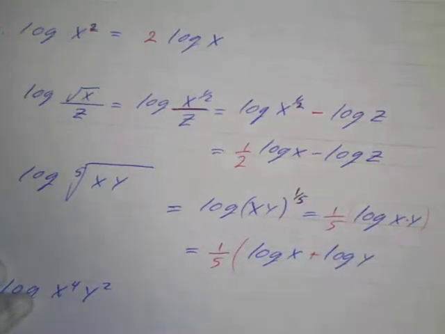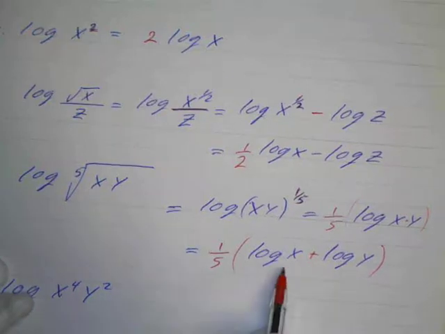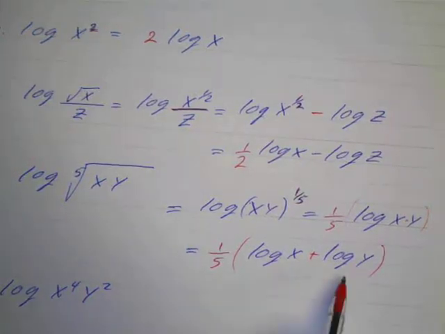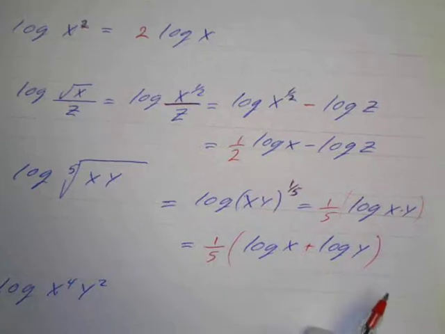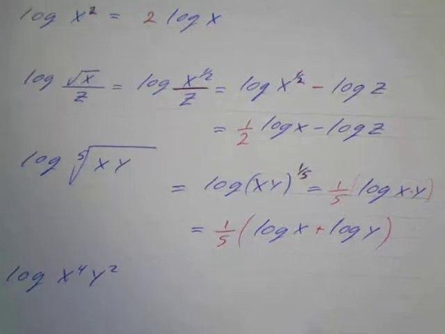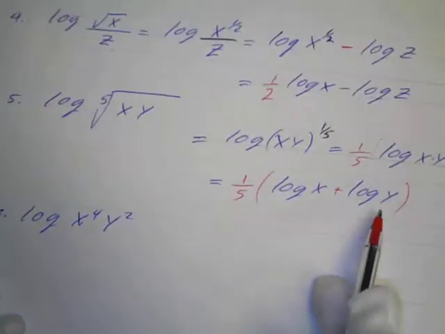And there you go. That's your answer. You could distribute this out and say 1/5 the log of x plus 1/5 the log of y if you wanted to, but this is fine with the parentheses. All right? Okay, and then one more. Number 6. So if you got that correct, give yourself another point.